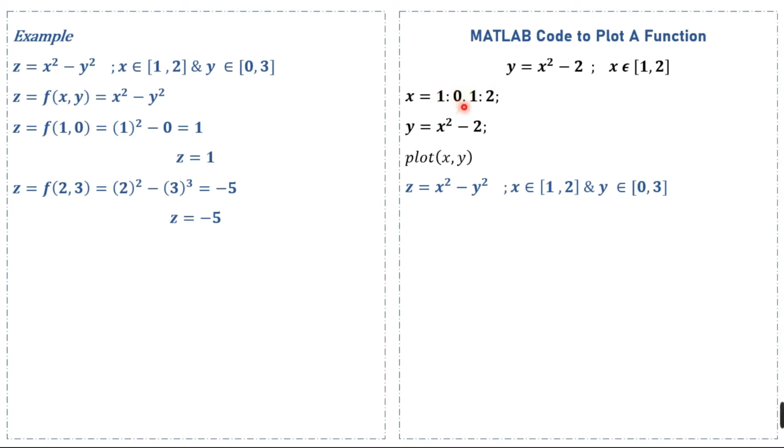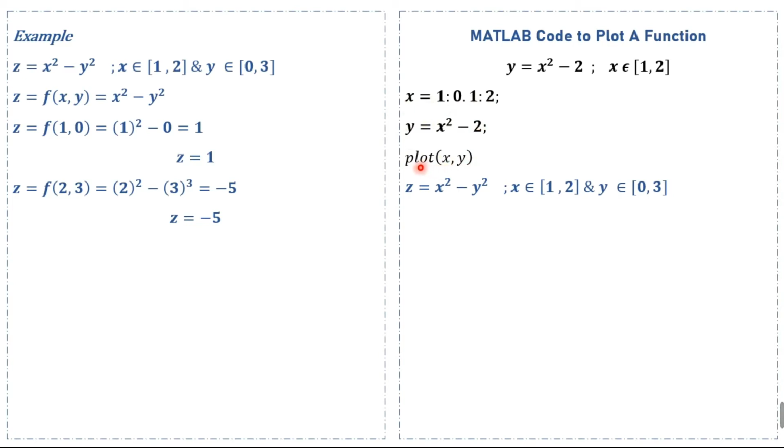I have used 0.1, it can be 0.2, it can be 0.3, or any other. Here we have the function y is equal to x square minus 2. Then we plot our function, x and y.